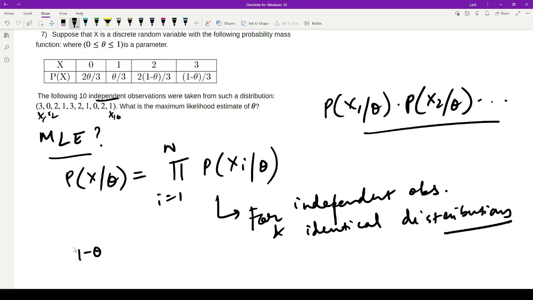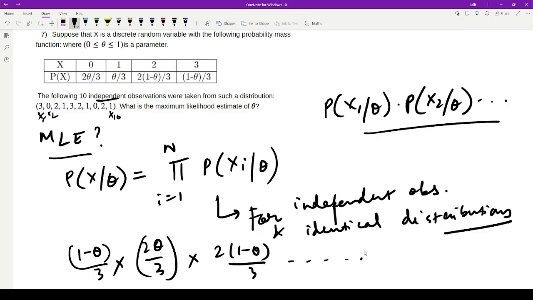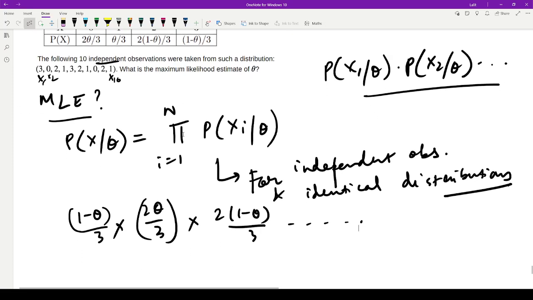It is (1 minus theta) by 3. Into the next one: for 0, it is 2 theta by 3. For the next one, which is 2, it is 2 times (1 minus theta) upon 3, and so on. So just write the equivalent probability corresponding to each of these x's.